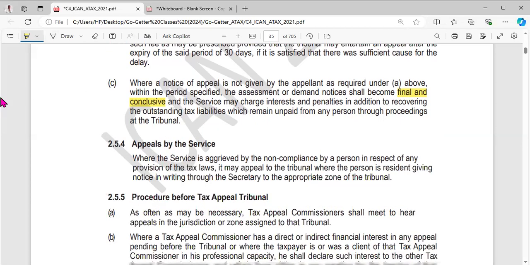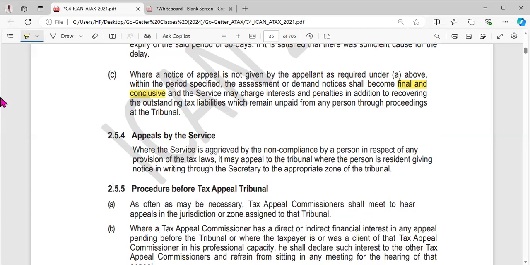Appeals by the service. Where the service is aggrieved by the non-compliance by a person in respect of any provision of the tax law, it may appeal to the tribunal where the person is resident, giving notice through the secretary to the appropriate zone of the tribunal.